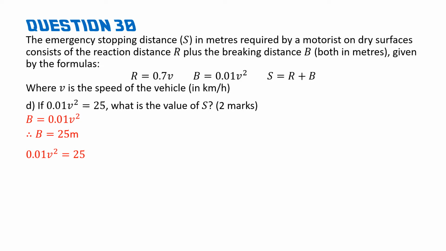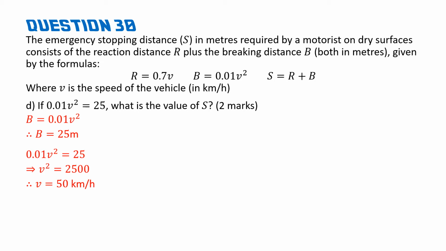How can I get a value of V? If I divide both sides by 0.01, we're left with V squared on the left. 25 divided by 0.01 is 2,500. If that's velocity squared, I take the square root of both sides, the square root of V squared is just V, and the square root of 2,500 is 50. So our velocity in this situation is 50 kilometers per hour.